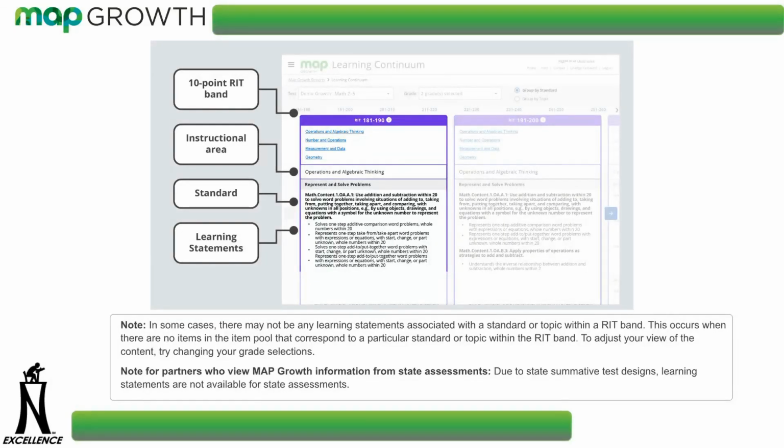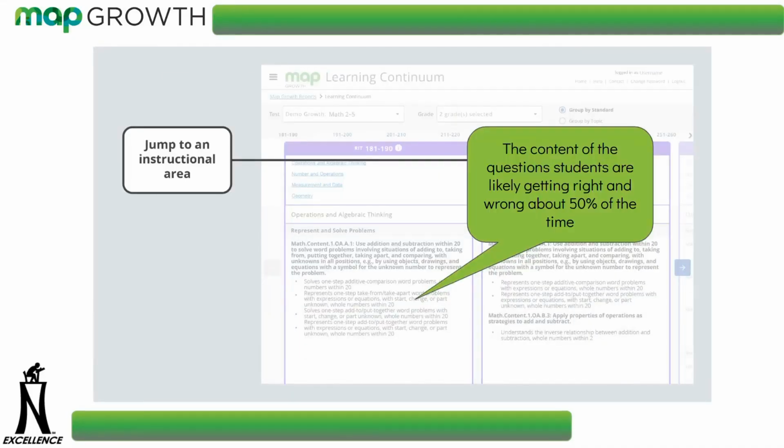Looking at this data, it's very important that you look at the RIT band and group your students accordingly, because those are the things that they're missing when they took this test. And again, these statements are aligned to the questions that they got right or wrong 50% of the time.